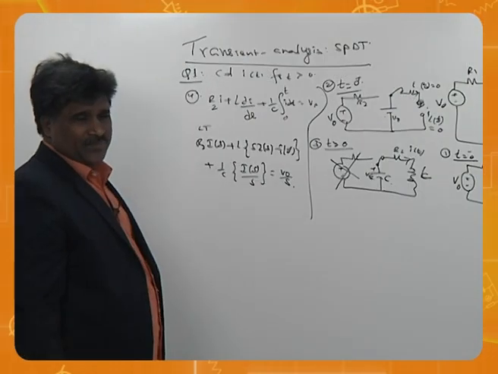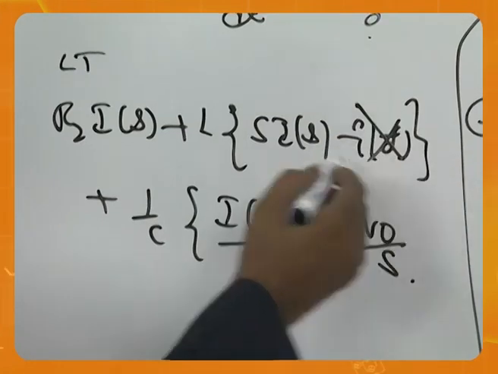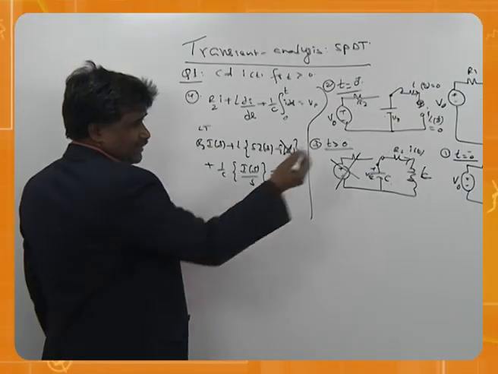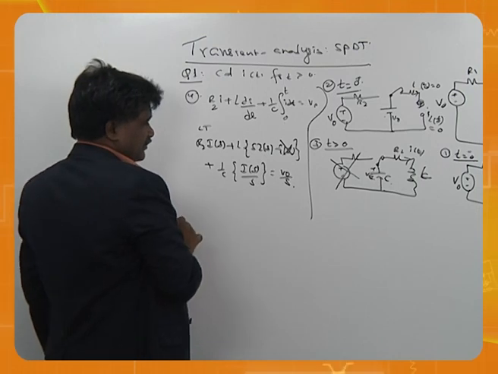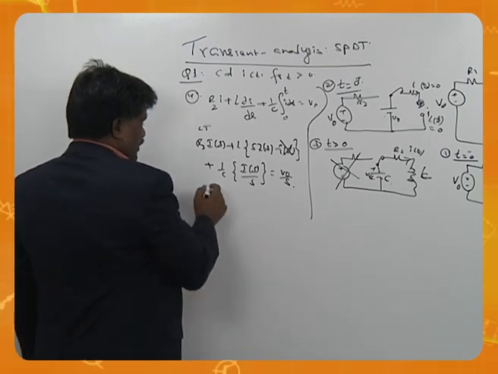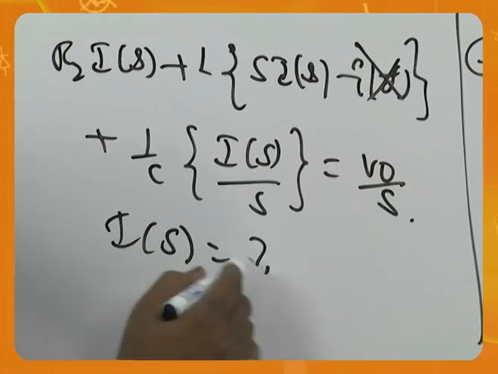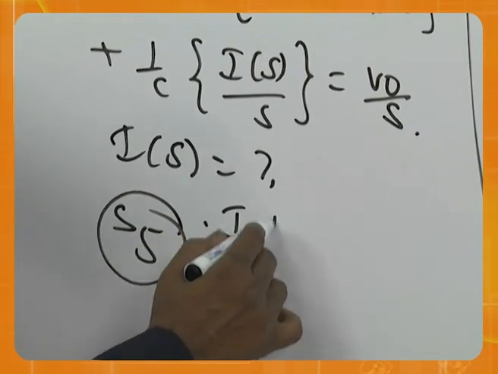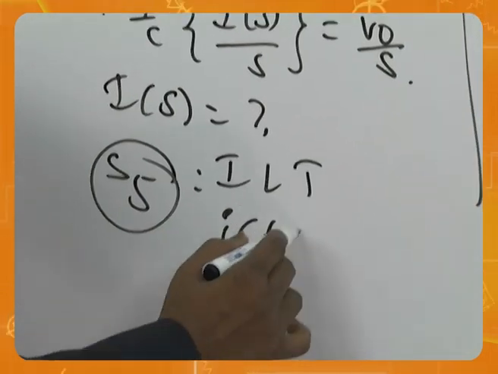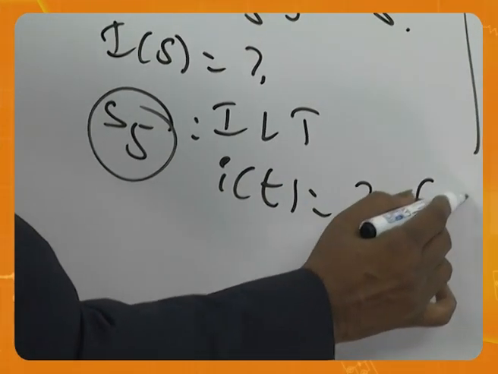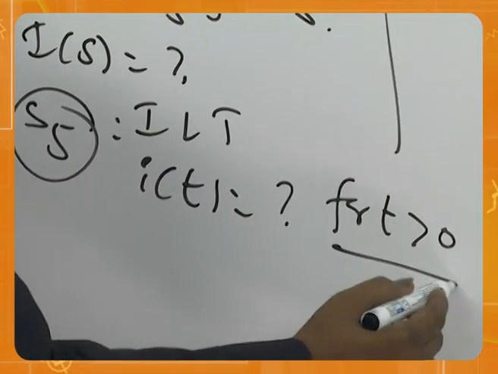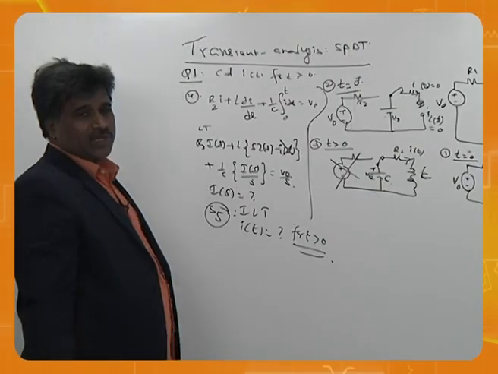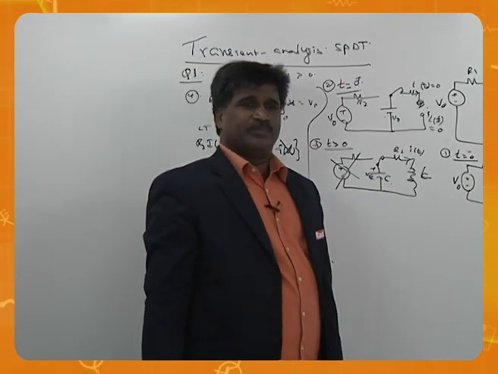That is the meaning. i of 0 plus is already 0. That is the link of this problem. Then you can solve for I of s. Step 5, the fifth point, is that if you take the inverse transform, you will get i of t for t greater than 0. That is the complete solution of this problem.